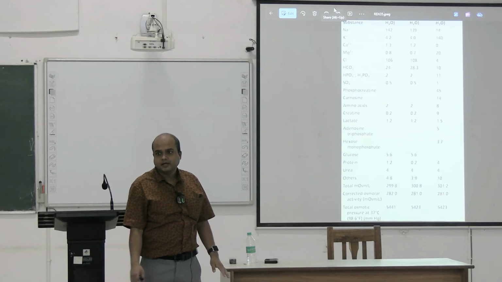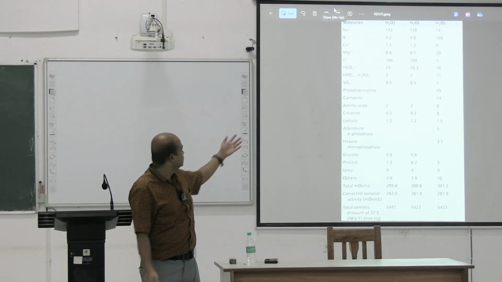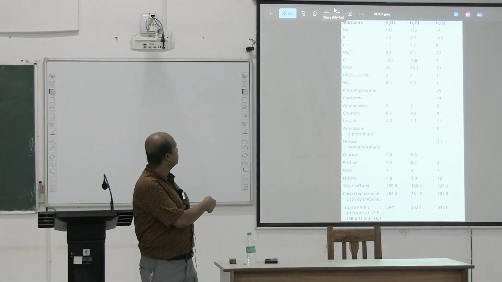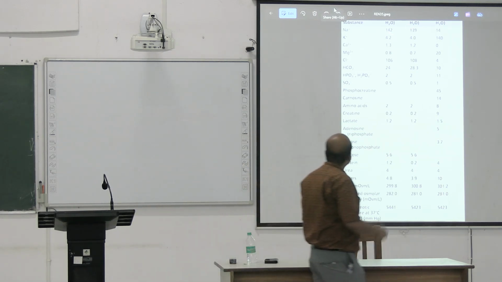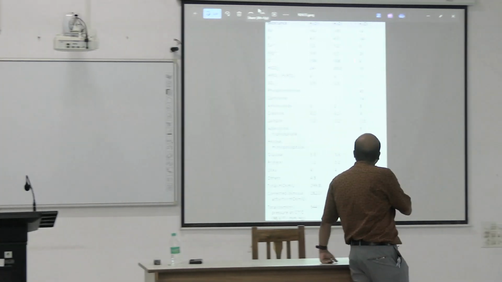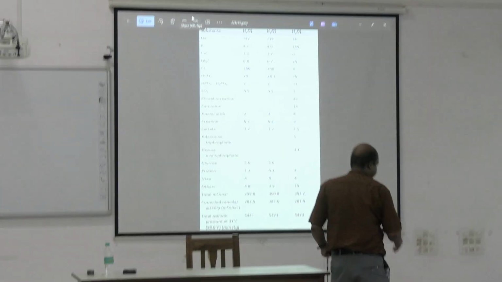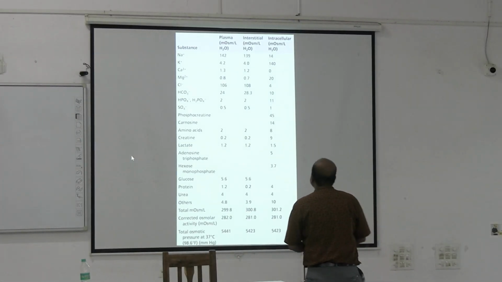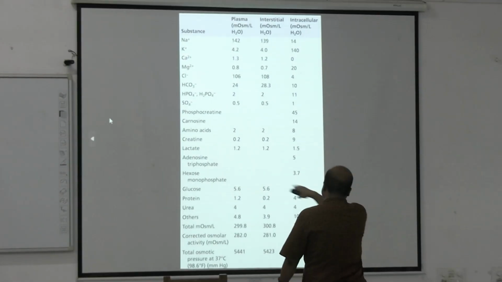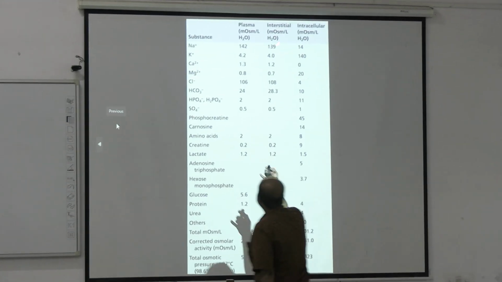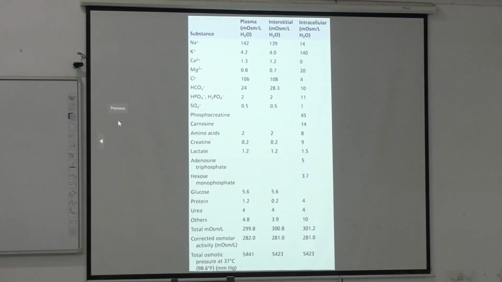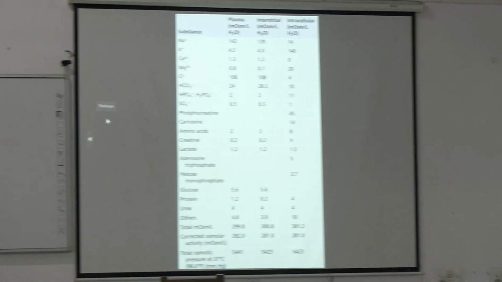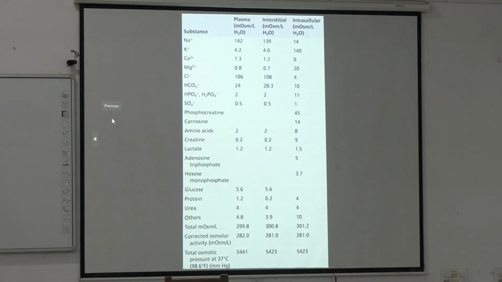Potassium is mostly intracellular, sodium is mostly extracellular. So plasma concentration, interstitial, intracellular. Interstitial means tissue spaces, and within the plasma. We may refer to these things.